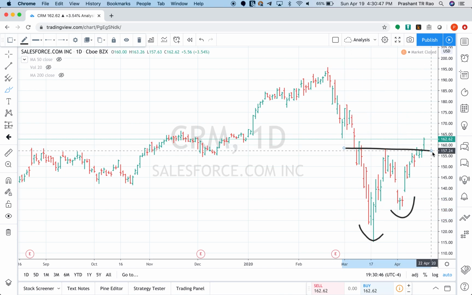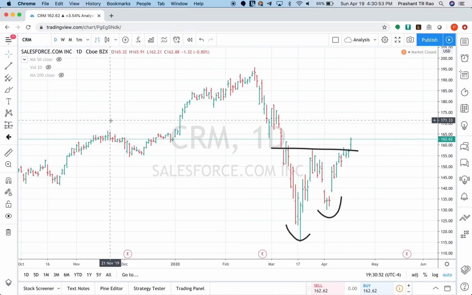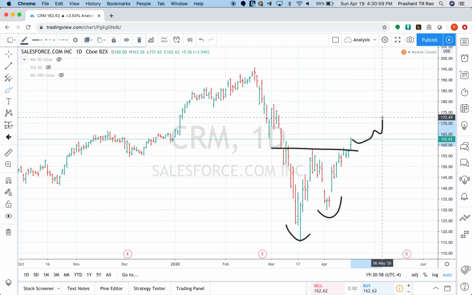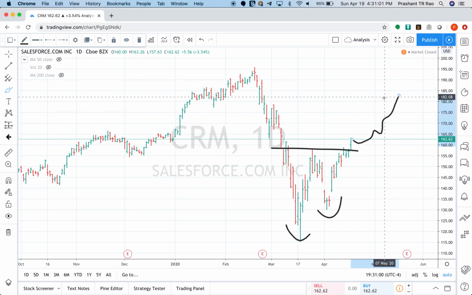Here's a neckline, crossed the neckline, and with that, generally what you're looking at is prices going higher. Again, prices don't go up and down in a straight line, so it's likely that you'll see some consolidation and then the market will turn higher.